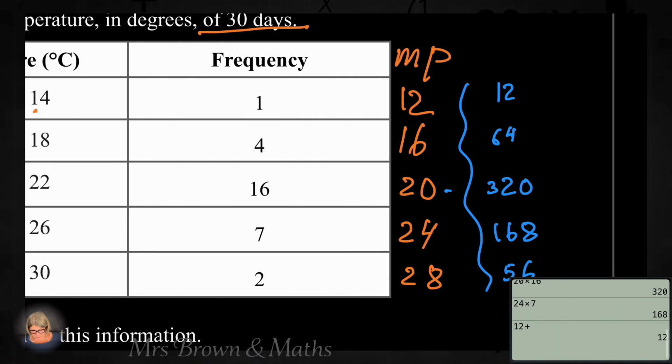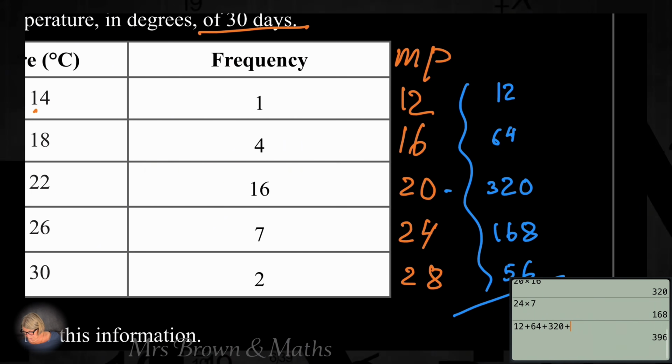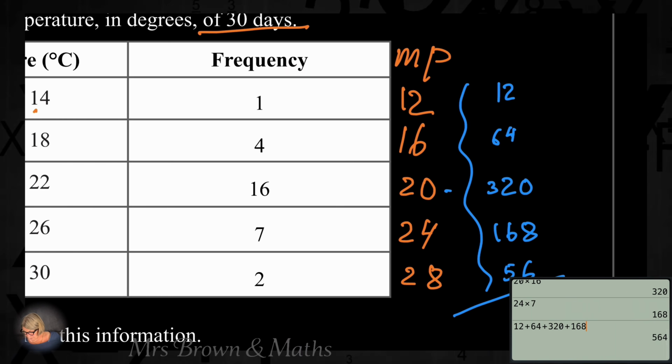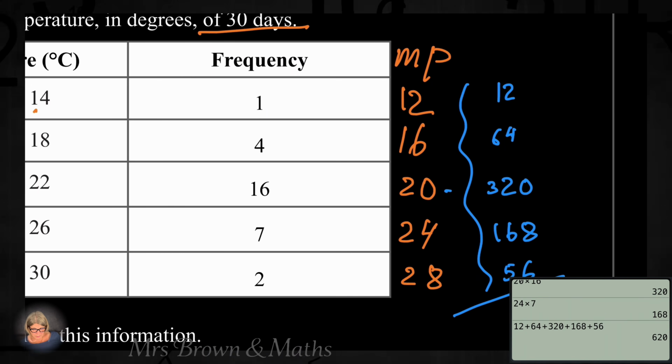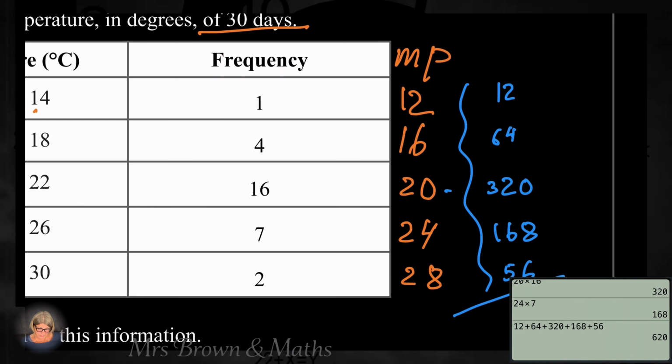Add all these together. Right, 12 plus 64 plus 320 plus 168 plus 56. 620.